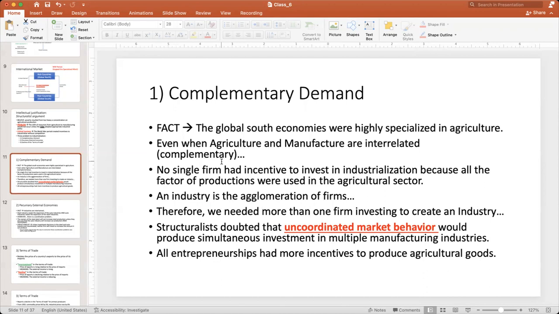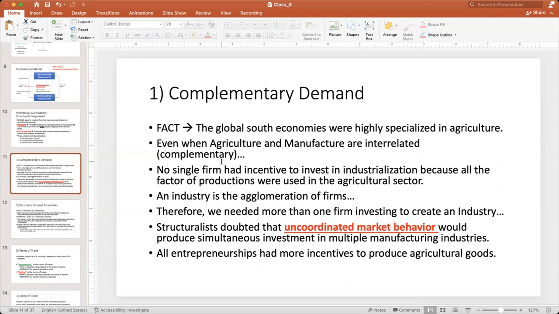Since they were more competitive in agriculture, they did not have incentive to move to another sector.